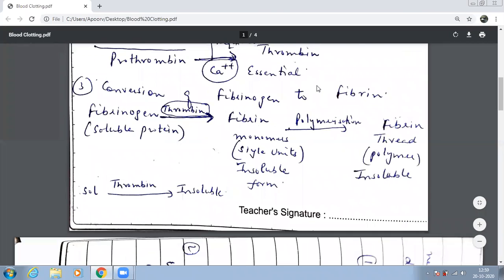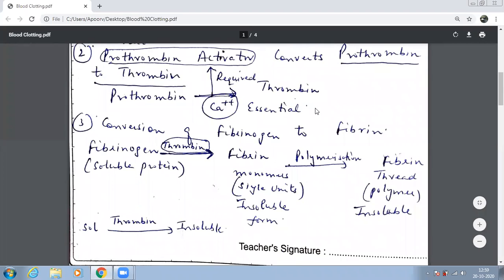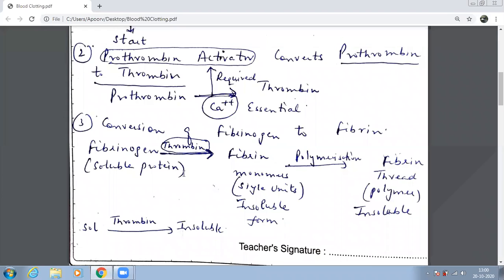Now in the second step, the final product that you got was thrombin. Again, we need this thrombin to convert fibrinogen. Fibrinogen is soluble or insoluble? Soluble. In the presence of thrombin, it will convert into insoluble units, which are known as fibrin monomers.